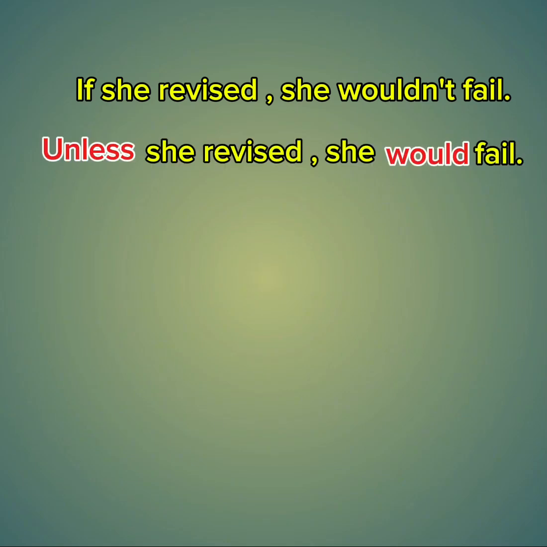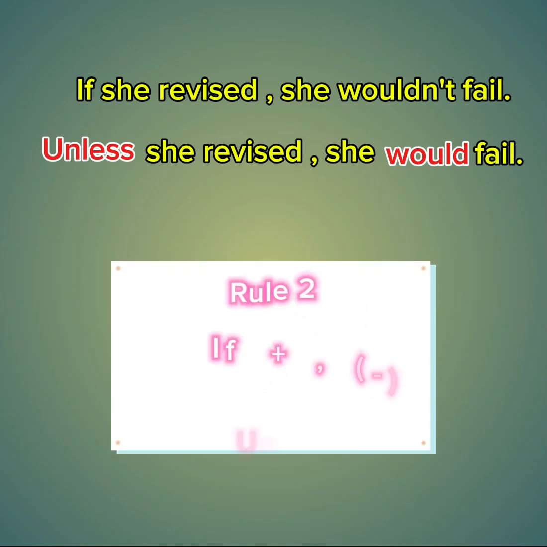In this case, after introducing unless, we turn the second clause into the positive. So if you can see, it is the opposite of the first example. When we introduce unless, it becomes unless she revised, she would fail.